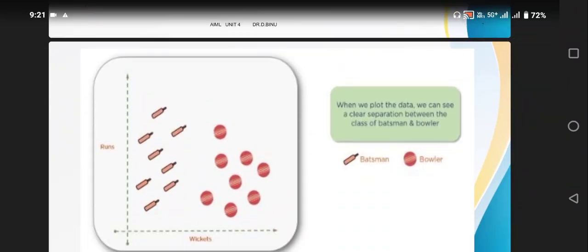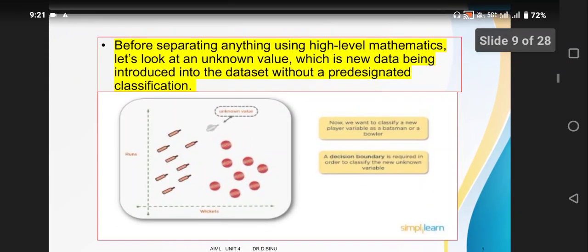When we plot the data, we can see a clear separation between the class of batsman and bowler by means of this diagrammatical representation. Before separating anything using high level mathematics, let's look at an unknown value, which is new data being introduced into the data set without a pre-designated classification.